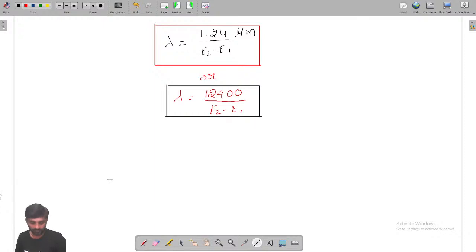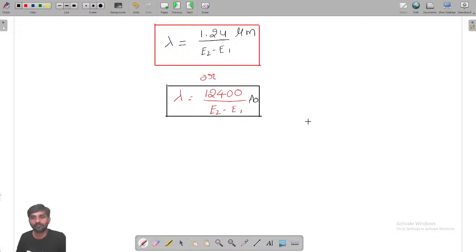This is also a very important formula, sir. This formula you have to remember. Lambda is equal to 12400 by E2 minus E1, but it is in terms of angstroms.